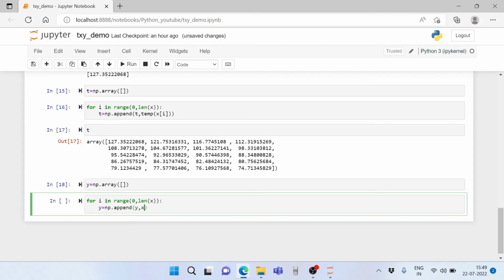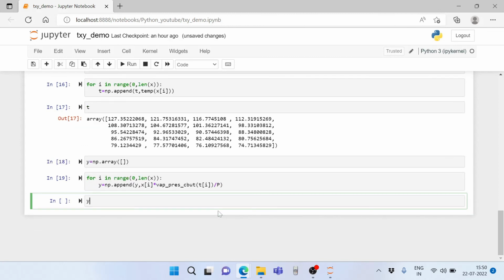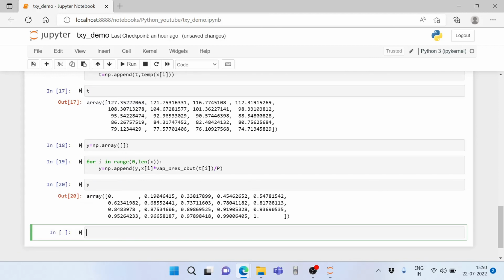It is calculated by X i multiplied by the vapor pressure of chlorobutane at the corresponding temperature, which corresponds to X i, and we divide it by the pressure. So that's it. So we are done. Now we get the corresponding values of the vapor phase concentrations.